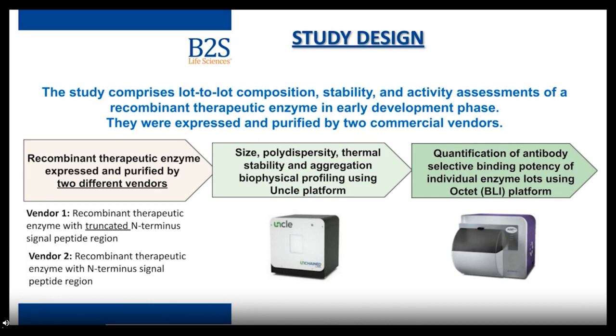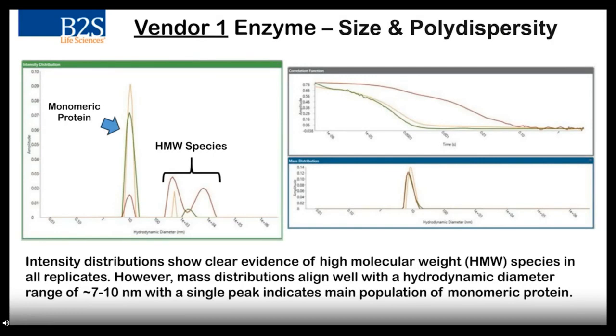And the activity, we wanted to measure how well enzymes bound to the antibodies which we're using in the biochemical assays. So for the composition and stability, we used the Uncle instrument, and for the activity, we used the Octet instrument, which is a BLI instrument produced by a different manufacturer.